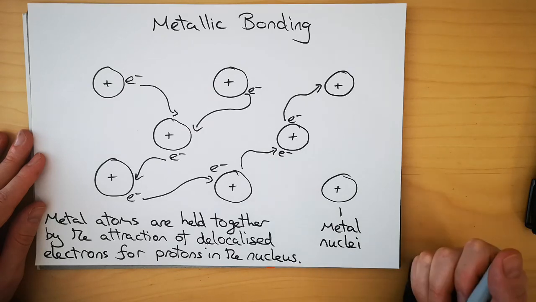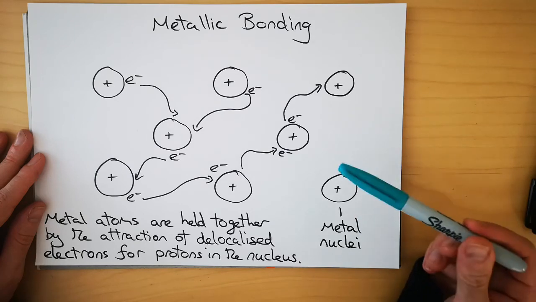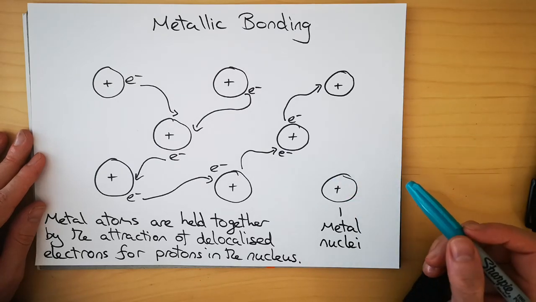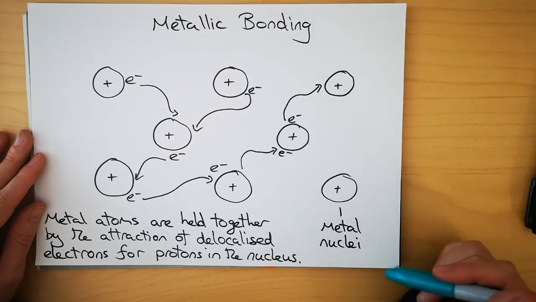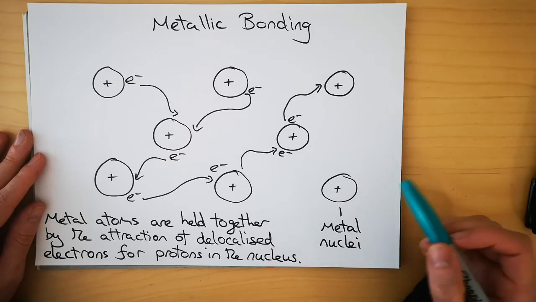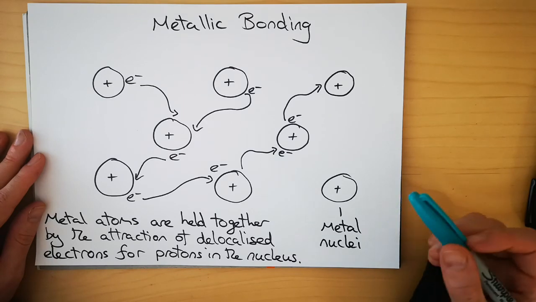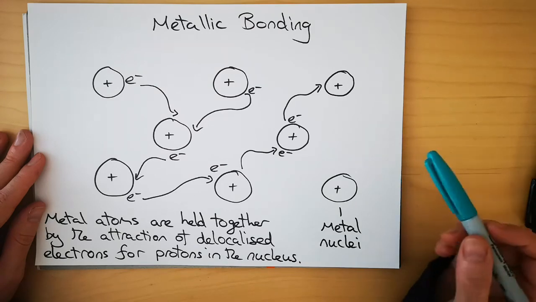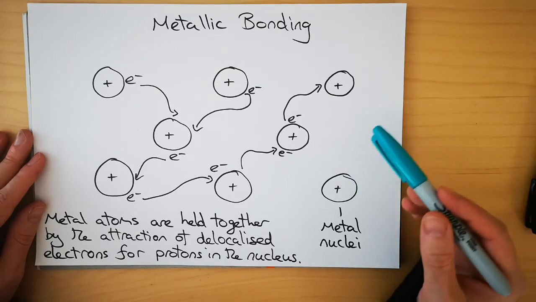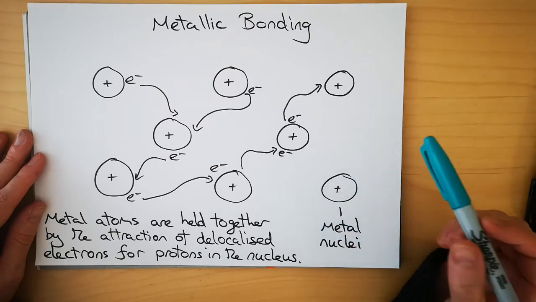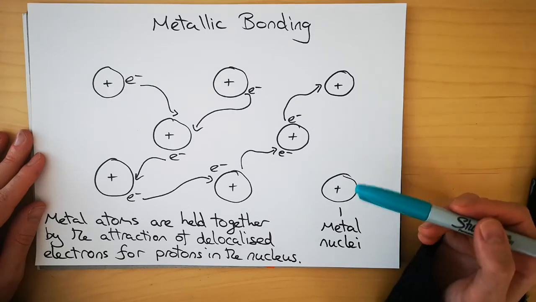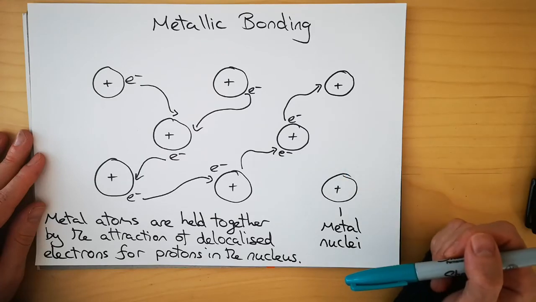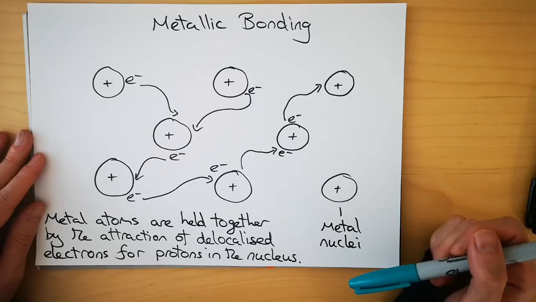And we'll go into those properties a little bit later on, because the big end round off of all of this will be how to determine what type of bonding you actually have given any given material. And so this is going to come back again when we cover that and when we do the task near the end. But this is metallic bonding, and that's your third type of bonding.